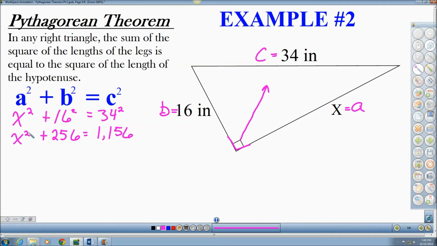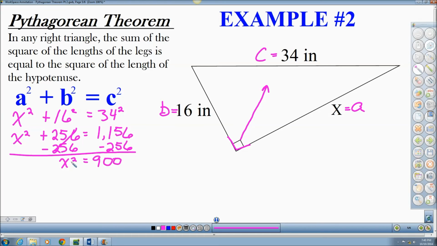Okay, now we got to get this variable by itself. We got to isolate x again. That means we got to get rid of adding this 256, which once again is subtracting 256. So I take 256 away from both sides of the equation. These cancel each other out, so it leaves me with x squared on the left, and 1,156 minus 256 leaves me with 900.